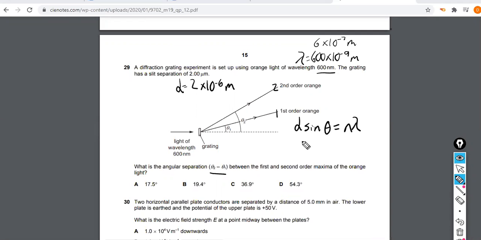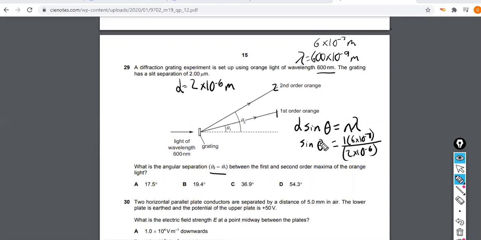Sine theta 1 is going to be equal to, well, that's when n would be 1, right? So the first order, I'll just say n is 1. Lambda for both of these is 6 by 10 to the negative 7. And what I've done is divided each side by d, so I'm dividing each side by 2 by 10 to the negative 6.